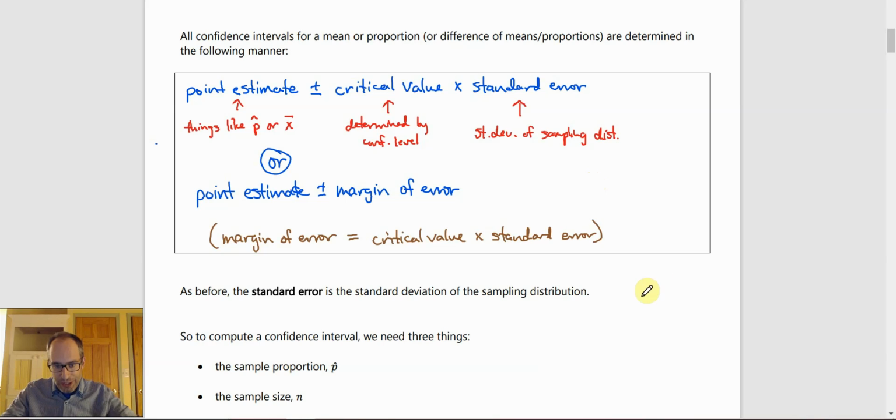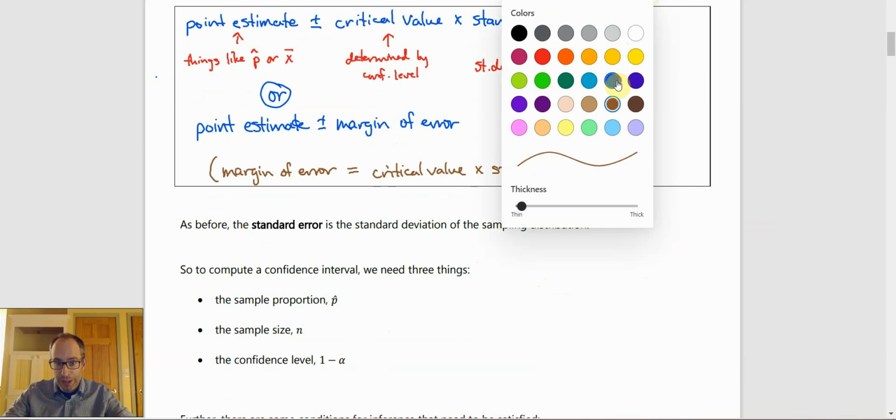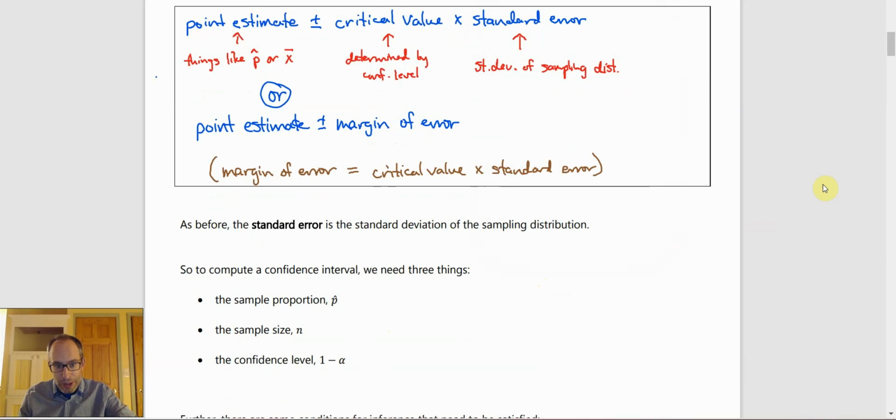And so as before, standard error is the standard deviation of the sampling distribution. And so the three things that you would need to compute a confidence interval, at least for a proportion, are going to be these three, right? The sample proportion is your point estimate, but it also shows up in the computation of the standard error. So that's a really big thing.